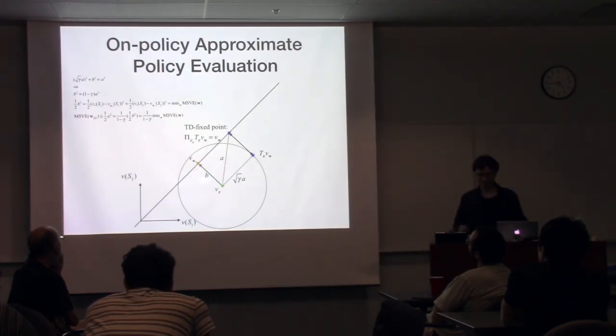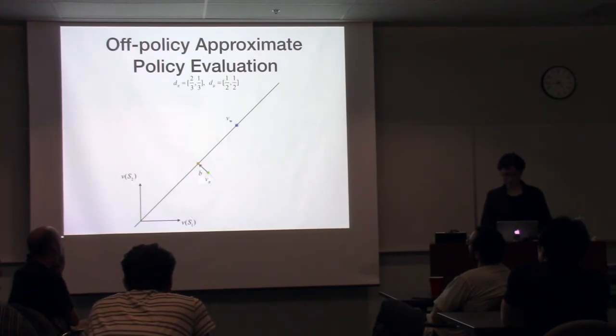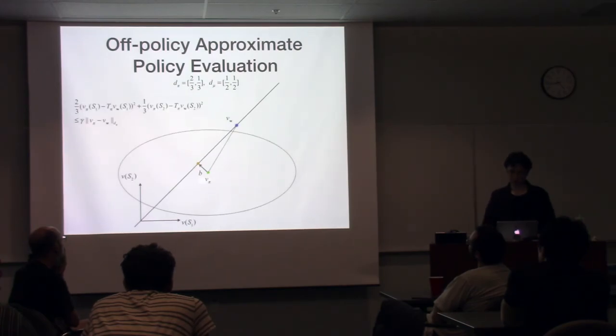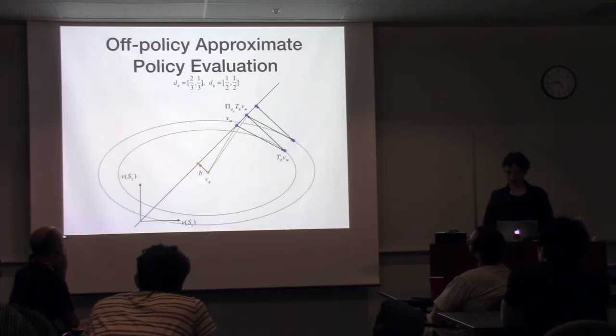Basically, I think this kind of way to analyze things is very useful. We can also visualize off-policy approximate policy evaluation and show that it actually diverges. It's kind of zigzag, but it's going to diverge.